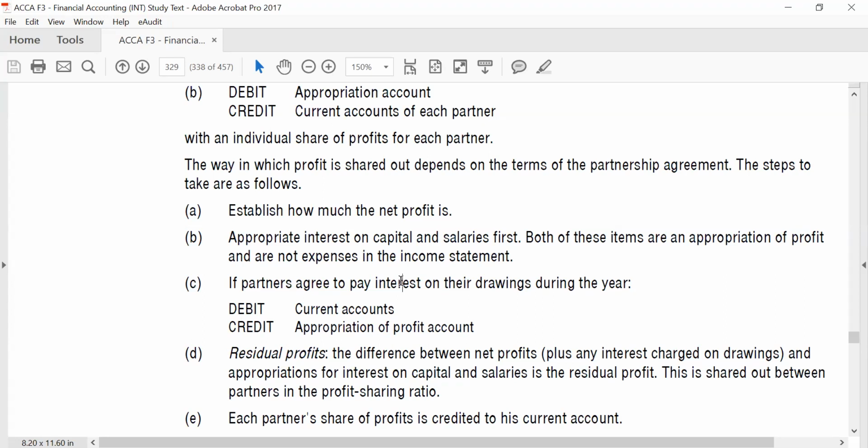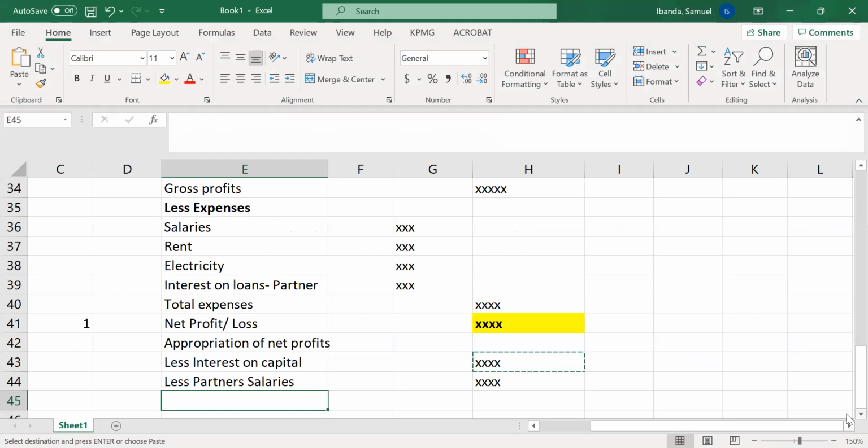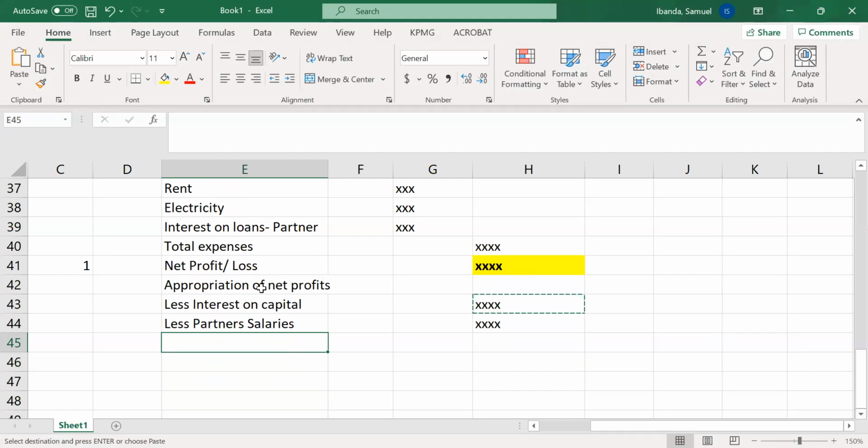So if we are trying to look at this, we debit our current account and credit our appropriation account. Crediting our appropriation account means we are looking at an addition here, because remember, this is now in a vertical format. Appropriation of net profits also has a normal credit balance if it's in a T format.